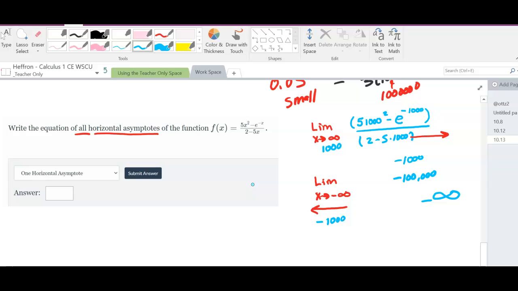So that means my graph is doing something like this. So that's not a horizontal asymptote. But now I need to do the same exercise as x approaches negative infinity.